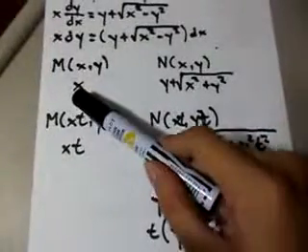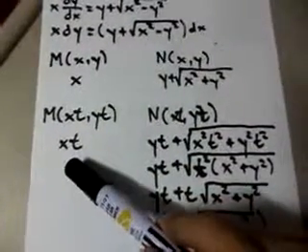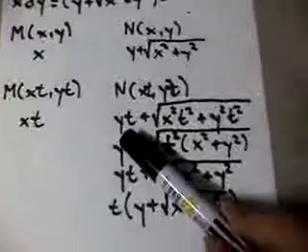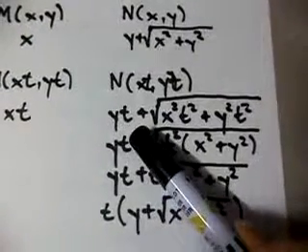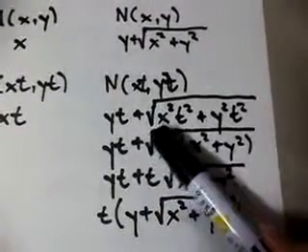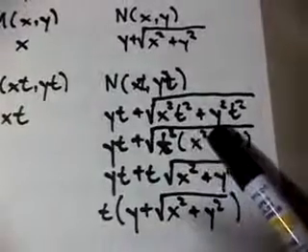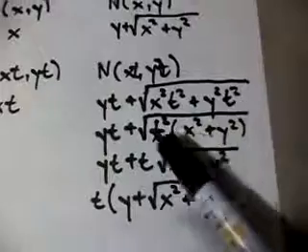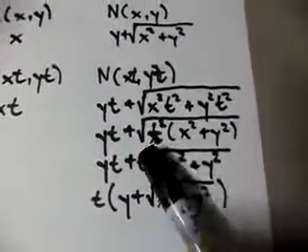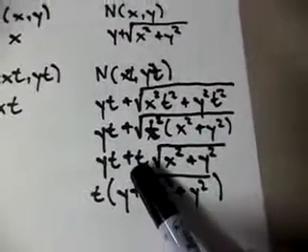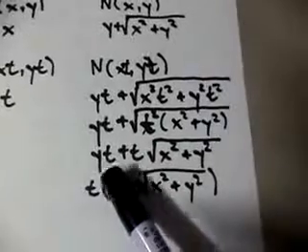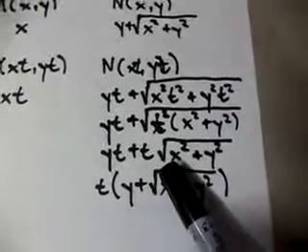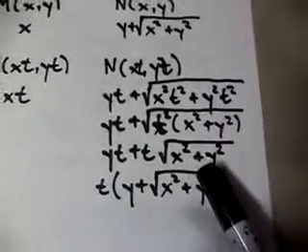So substitute, we'll have xt on the left hand side. On the right hand side, we'll have yt + √(x²t² - y²t²). We have a common factor of t², so the square root of t² will be equal to t, so the equation will be yt + t√(x² - y²).